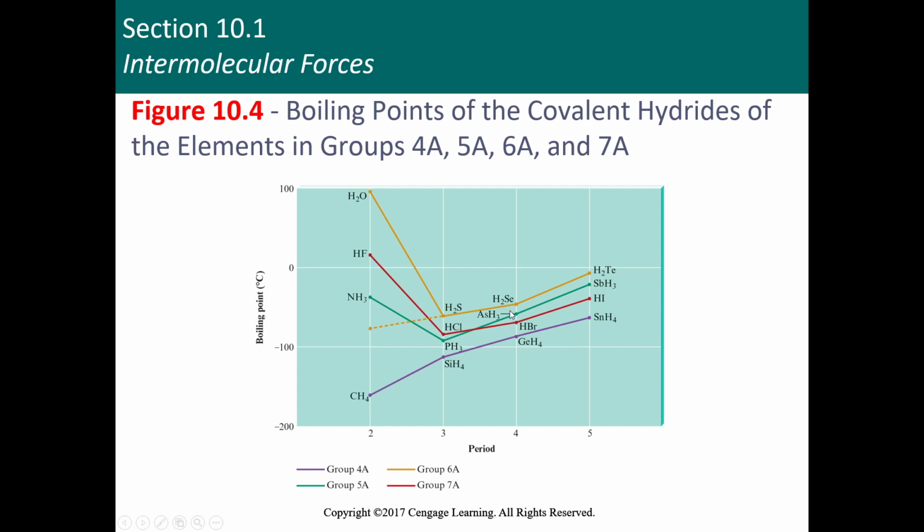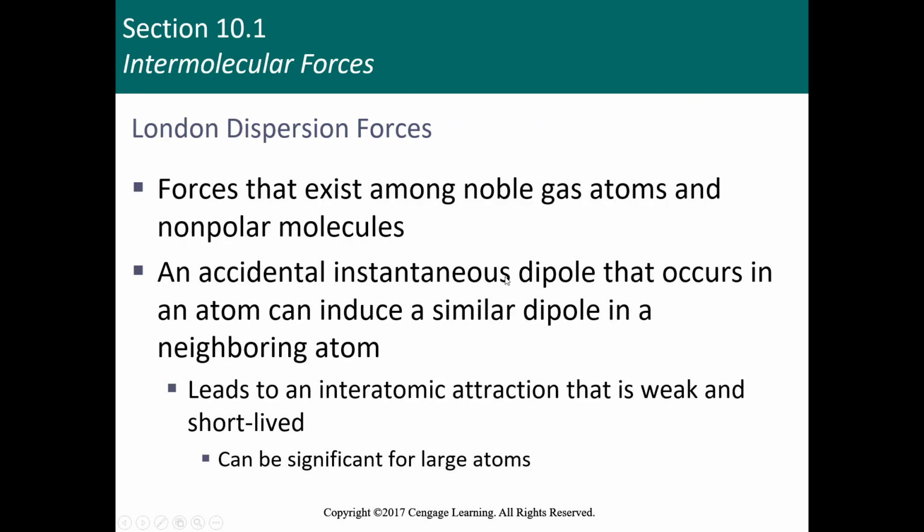Not as huge as you might think, but they are less. Here we're seeing very strong dipole-dipole interactions. And what's going on there, why that boiling point keeps increasing, despite the fact that the dipole interactions are actually going down, is that we're getting more and more London dispersion forces.